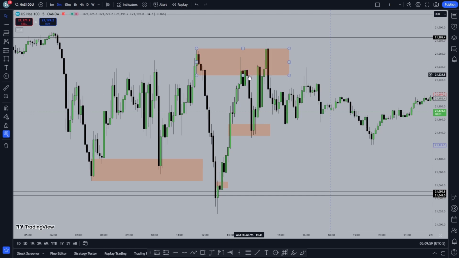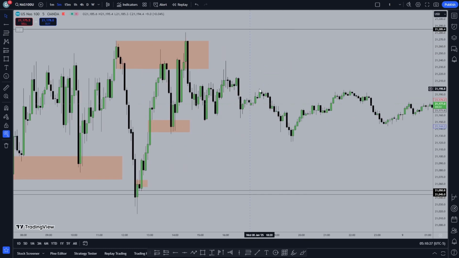So it created a fake move, and now people reacted in these 3 candles. They thought the market is falling from this supply zone. This is what they're thinking right now. And now what happens? It fell down, created a fake narrative that the market is about to fall, and then once again it just goes back and stabs into it.